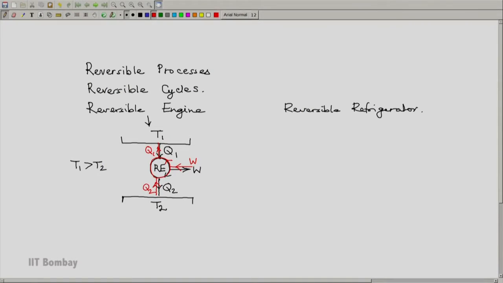In the next part, it would have absorbed Q1 from the engine reversed, which is running as a refrigerator. Similarly, the reservoir at T2 would have received Q2 from the engine and provided Q2 to the refrigerator. And in the first part, the engine would have provided work W. In the next part, it would have absorbed the work W.